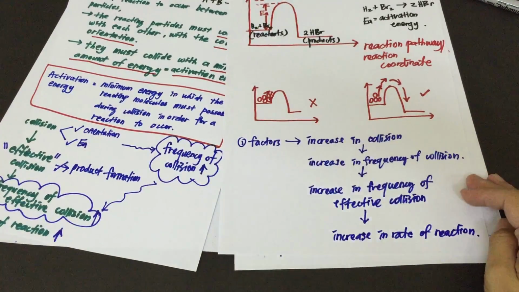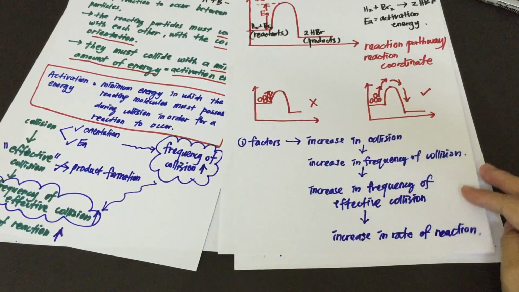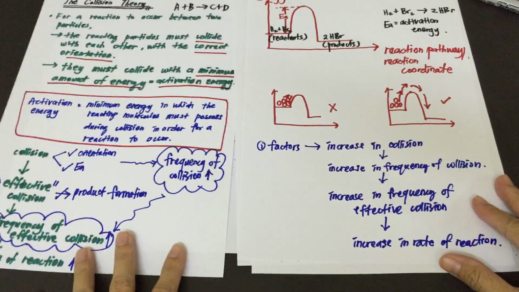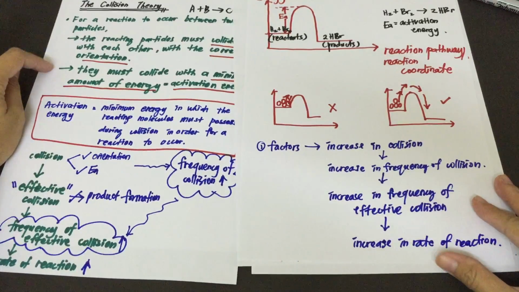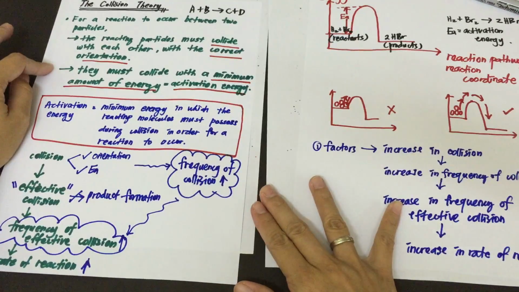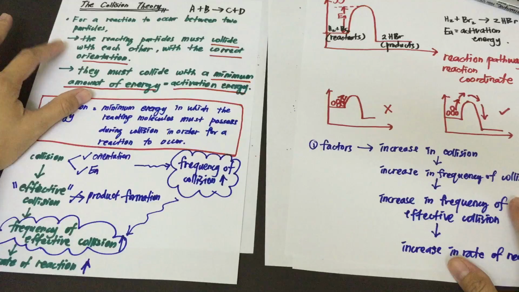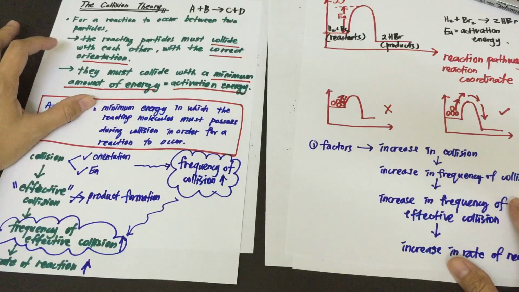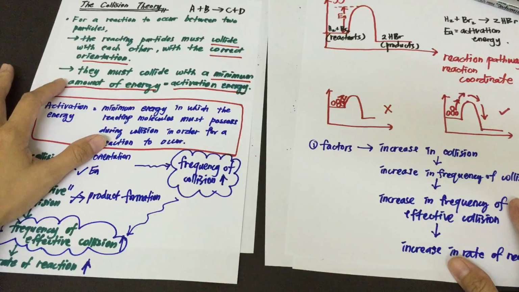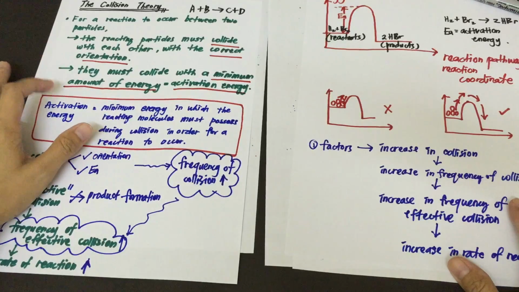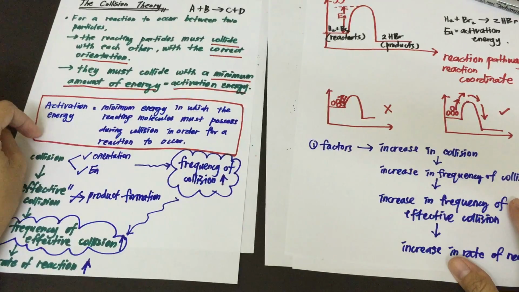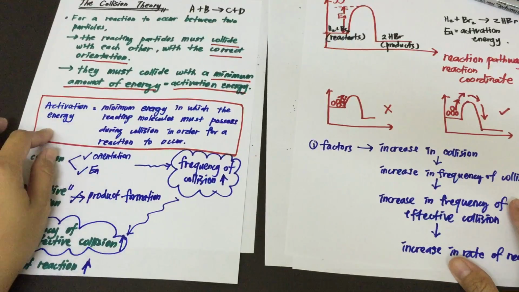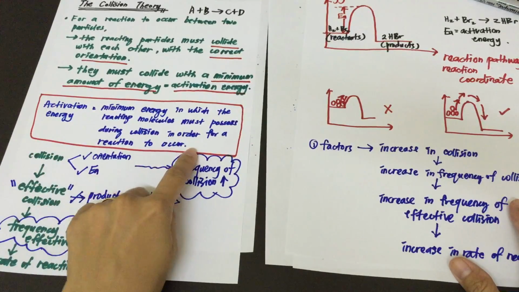With this video, I hope you understand how to relate the different keywords in the collision theory, and also understand well the 2 points of the collision theory, in which the reacting particles must collide with each other with the correct orientation, and they must also collide with a minimum amount of energy called the activation energy. The definition of activation energy is also important, and you have to understand and remember the keywords.